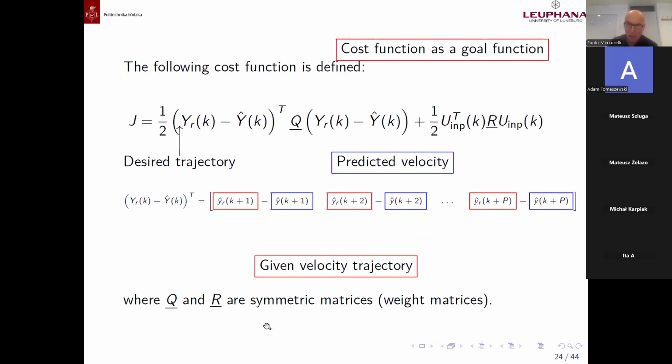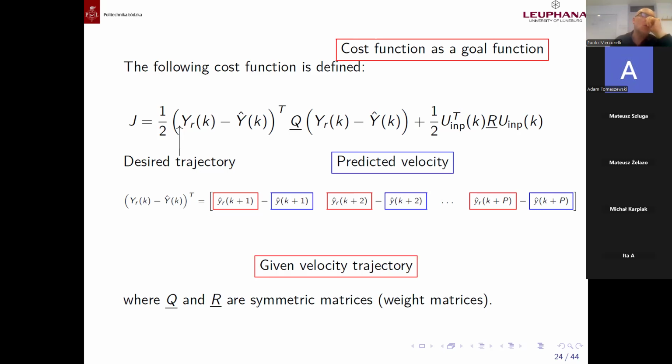How can I calculate? Minimizing this cost function, a typical cost function. The cost function is not necessarily this one, it could also be another, but this is a classical cost function, the most important in the sense that here we have basically a row of the error between what I want to obtain, R, which is the goal.